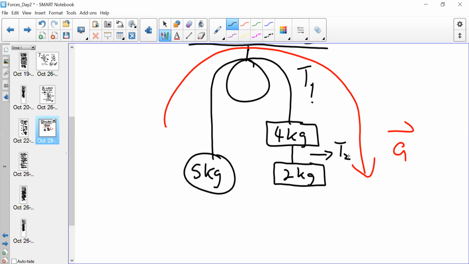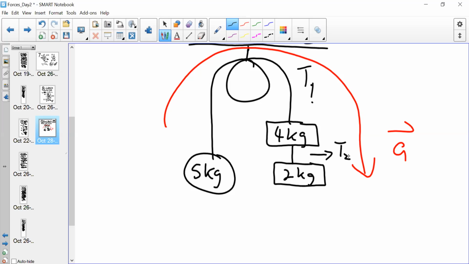So before we get confused with anything, what we want to do is just draw a free body diagram everywhere. We want to draw a free body diagram on all the blocks with all of the tensions, and go from there. So our perspective is going to be the XY plane.